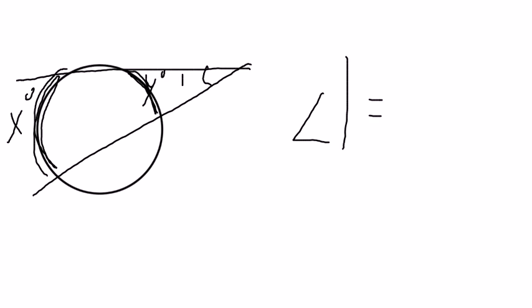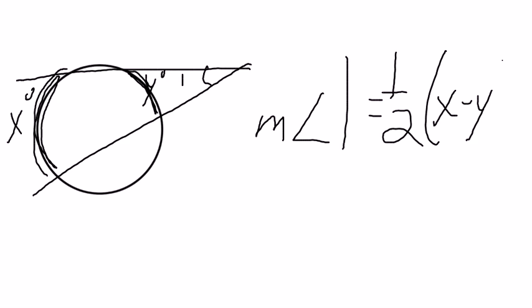So the measure of angle 1 equals 1/2 of the difference between the two. So it's 1/2 of the measure of arc X minus arc Y, and you take half of that and you get that angle.